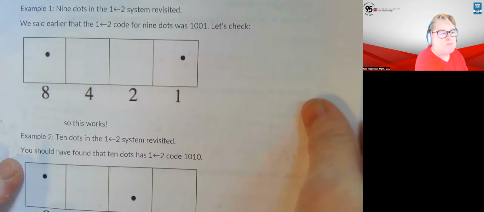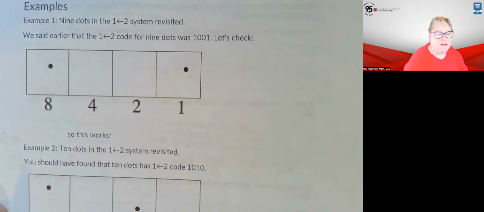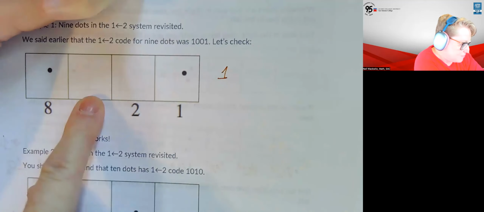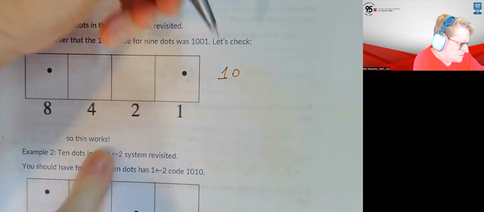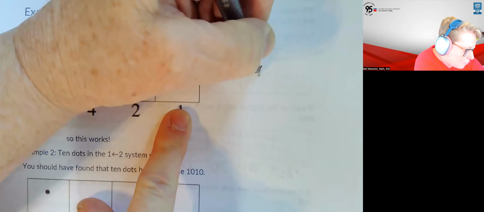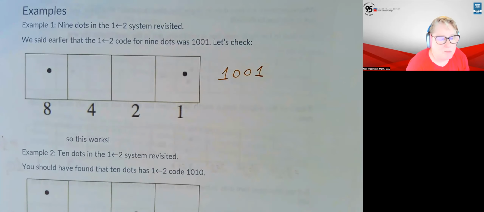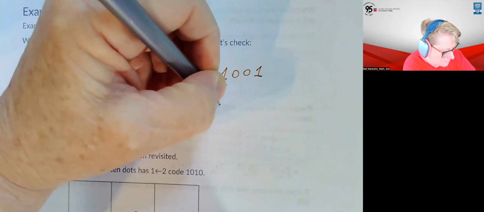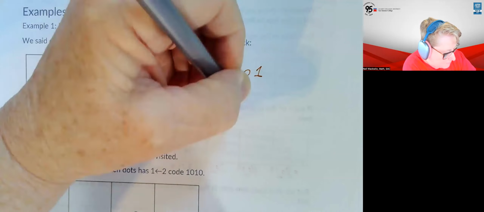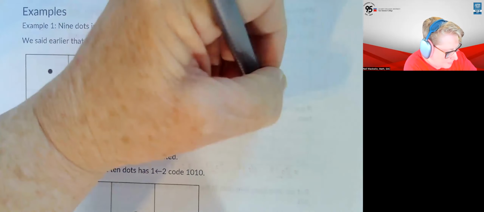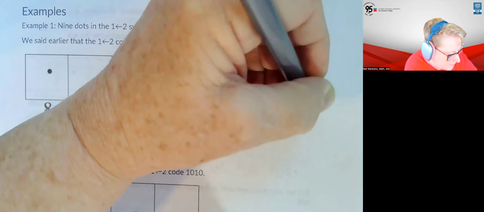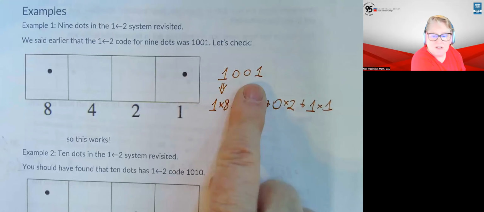We just did that. Okay. So what if we had the number 1, 0, 0, 1? We have 0 dots in the 4's place, 0 dots in the 2's place, 1 dot in the 1's place. Then we have 1 times 8, 0 times 4, 0 times 2, and 1 times 1, because this is the 1's place.